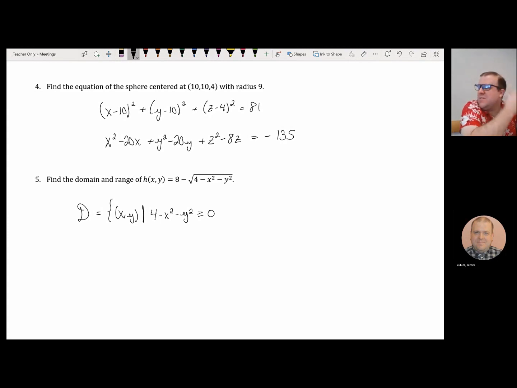Right, so what's under the square root has to be greater than or equal to 0. So again, is our domain set of all ordered pairs x, y, such that x squared plus y squared is less than or equal to 4.